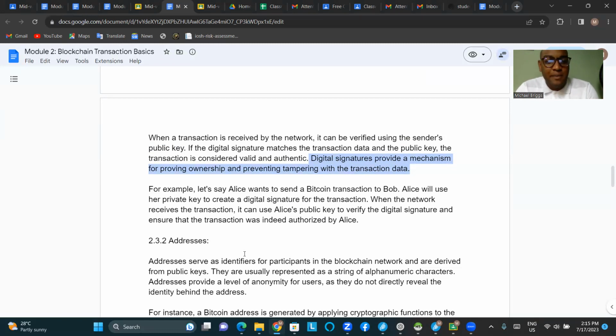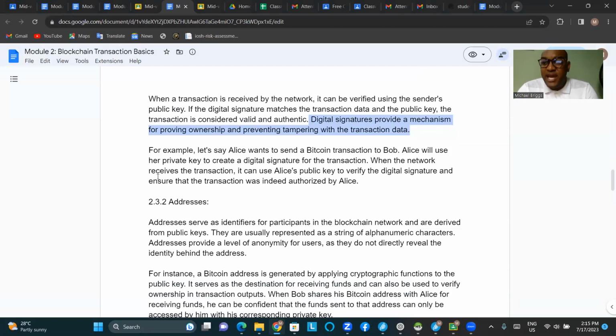Here's an example that can help us understand how this works. We have been using Alice and Bob since we started this module, okay? Let's say Alice wants to send a Bitcoin transaction to Bob. Alice will need to use her private key to create a digital signature for the transaction. How does that happen? By the time she's sending money to Bob, where is she sending it from? Her wallet, isn't it?